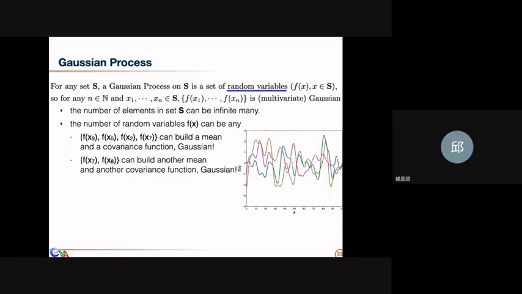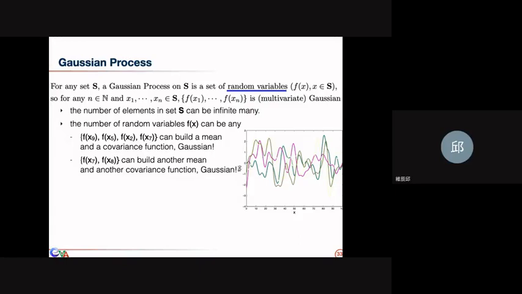Then the distribution, because these four are random variables, right? If I use these four random variables to build up a small group, then the distribution of this small group is actually distributed according to a Gaussian.